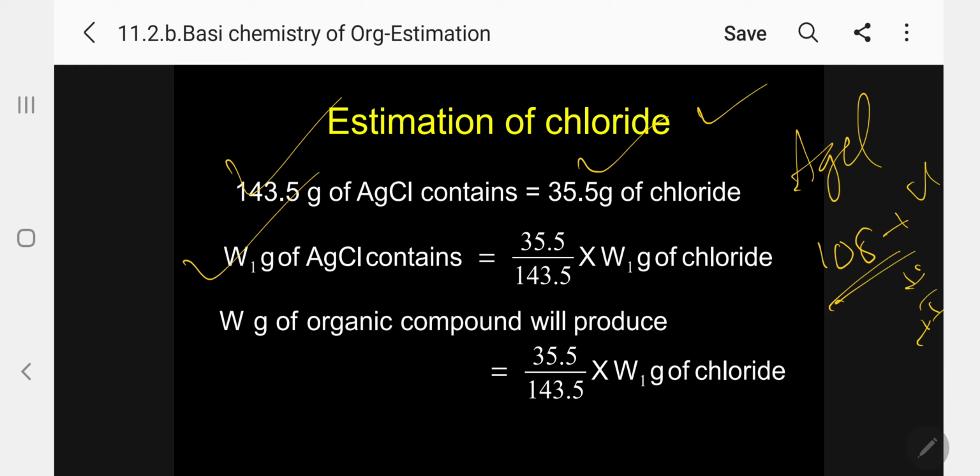So W1 grams of silver chloride contains 35.5 divided by 143.5 into W1 grams of chloride. How much organic compound did we use? W gram we used.